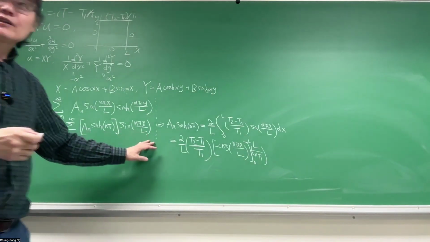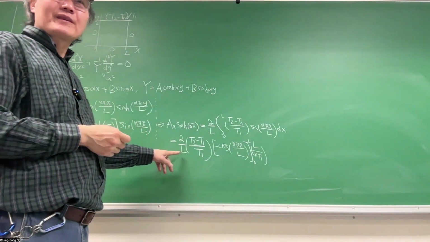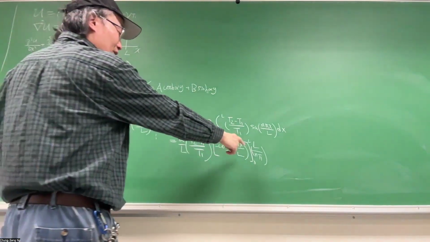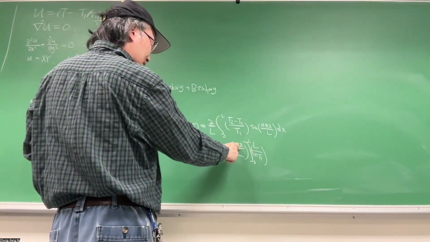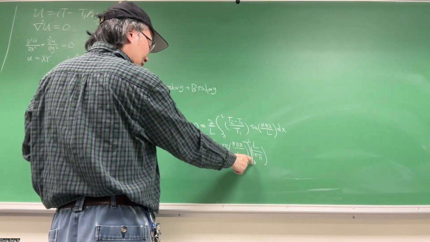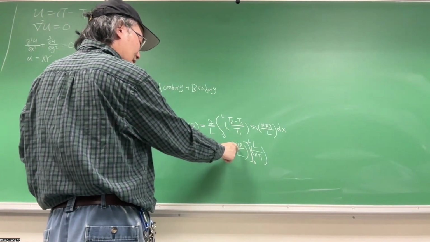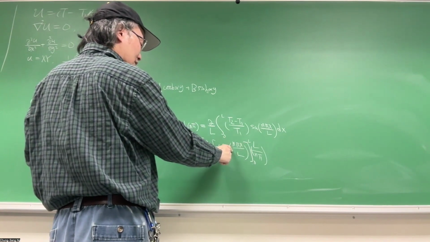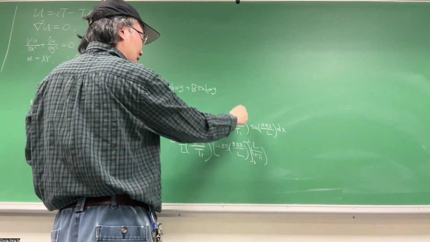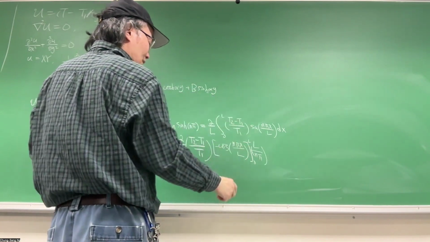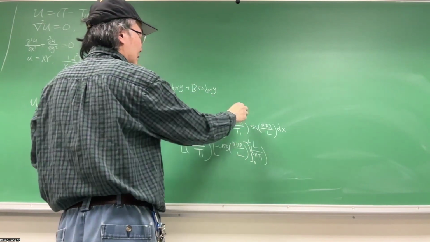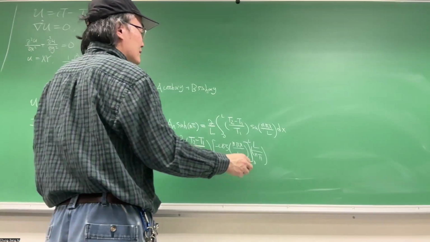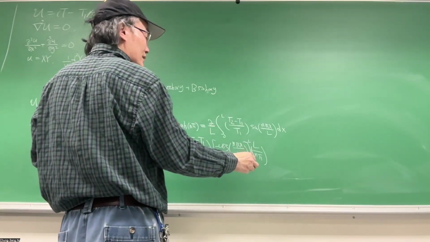Right? Do you get something like that? Right. So now you just substitute. So cosine 0 is 1. And then x equals L, you get cosine n pi. What is cosine n pi? Cosine pi is minus 1, right?